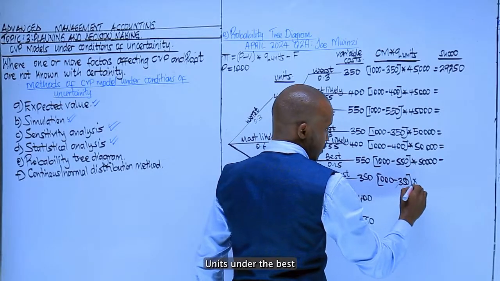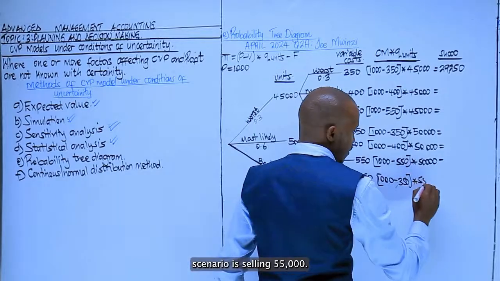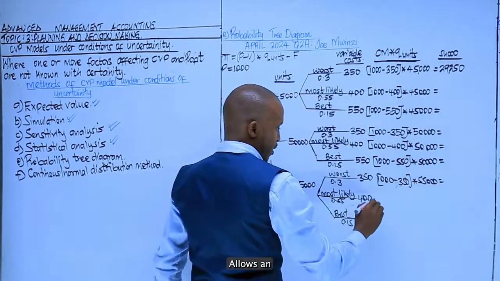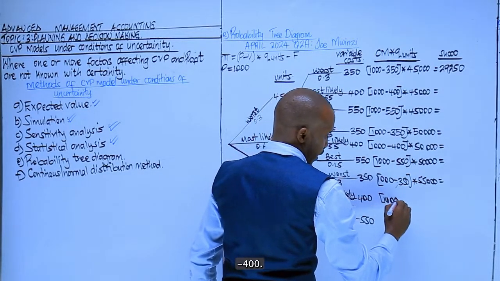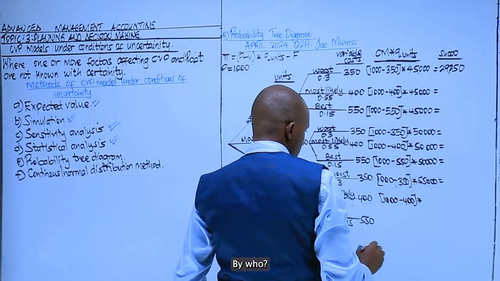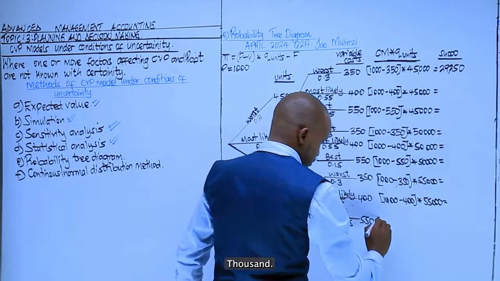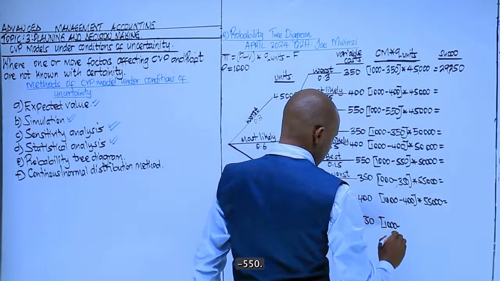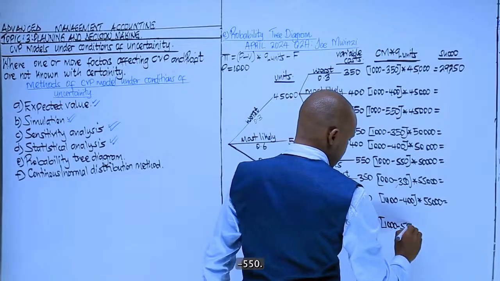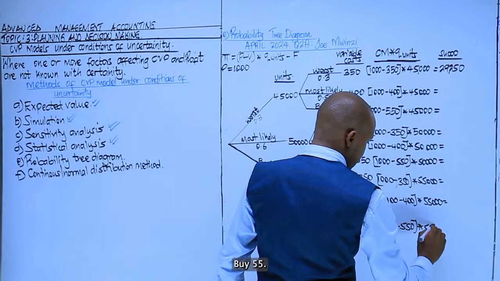Under the best scenario you are selling 55,000: 1,000 minus 350, 1,000 minus 400, and 1,000 minus 550, each by 55,000.